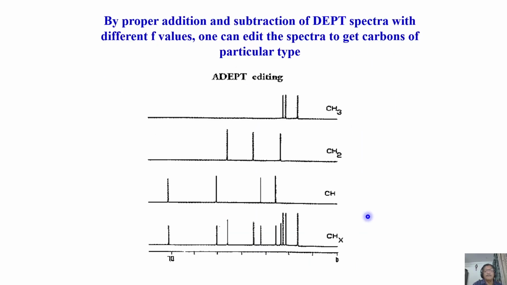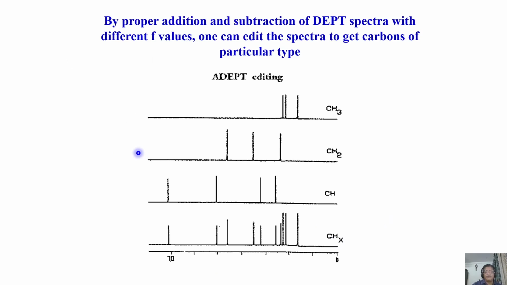This is called editing: proper addition and subtraction of the DEPT spectra with different values. Of course, you have to scale the intensities so that all intensities are the same. That's called an intensity scaling factor. You can scale it and then make a subtraction. When you do that, this is called DEPT editing. You can get a CH3 only spectrum, a CH2 only spectrum, a CH only spectrum, and you get all other things, and of course, you can get quaternary alone also.